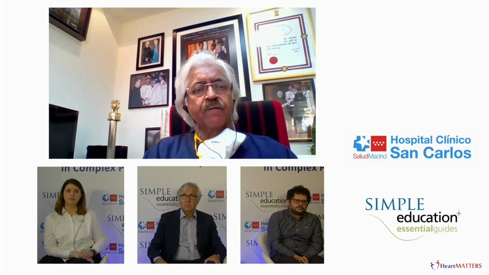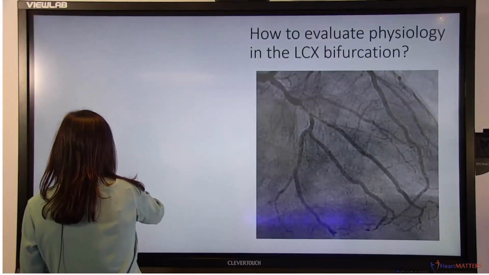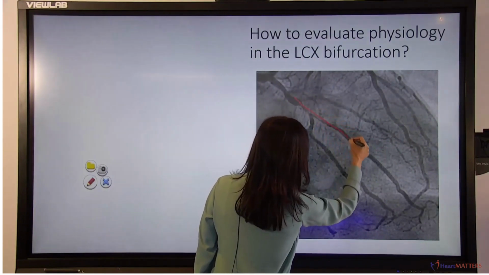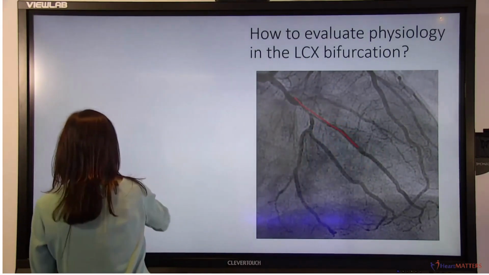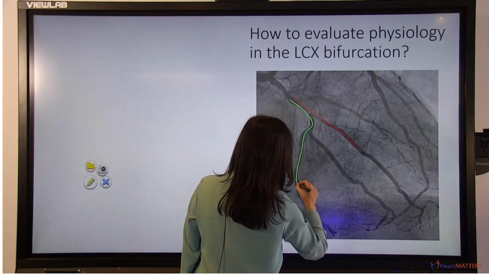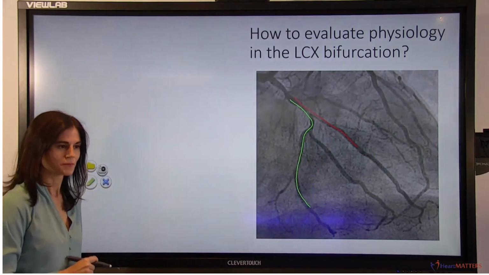Very good. So, Nieves, can you comment also on Ashok's question regarding FFR or iFR? Would you repeat FFR in this particular case, or were you happy with iFR? Well, in this case, as you saw, the result was very positive. The iFR was 0.73, so I don't think there is much room for doubt, and we didn't do any FFR here.